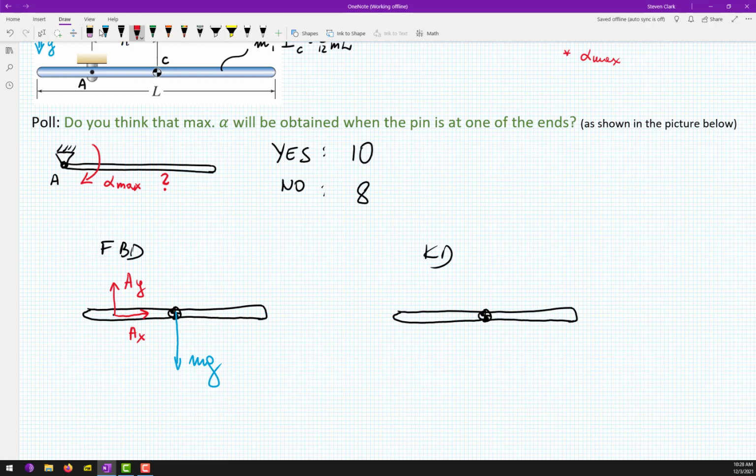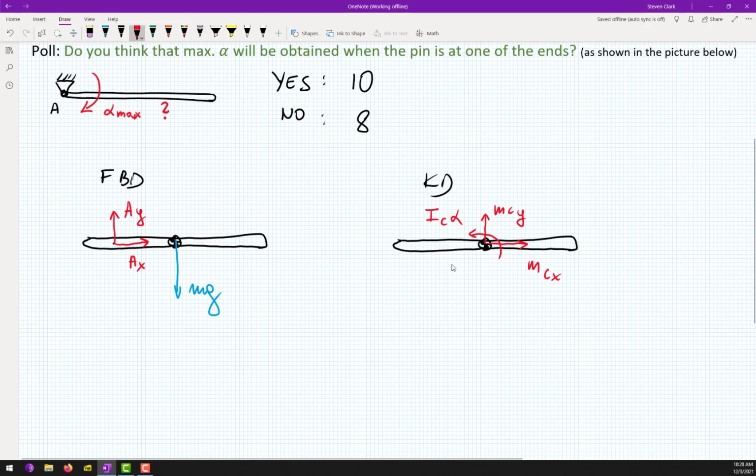Cool. Okay, and now in here we will have MCX, MCY, and IC alpha. Okay, we're done with FBD and KD. Now equation of motion.